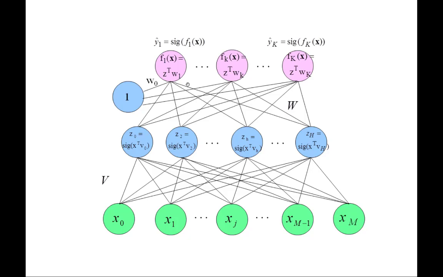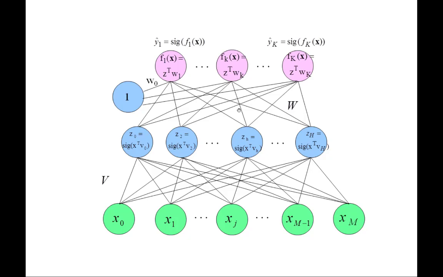But now we don't just have one output, we have k outputs, so one for every digit, which means that between the hidden units and the output units, we also have a whole weight matrix. Before this was a vector, and this is now a matrix. So it's also a quite simple extension.